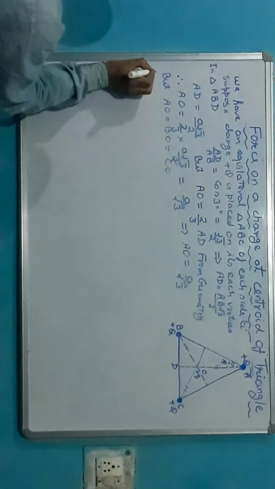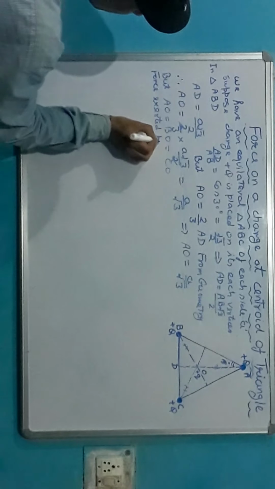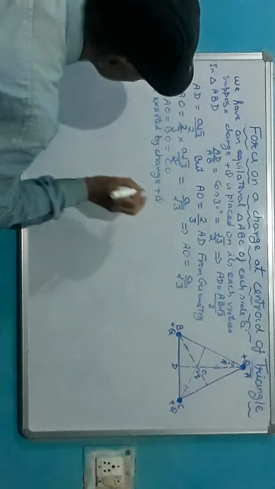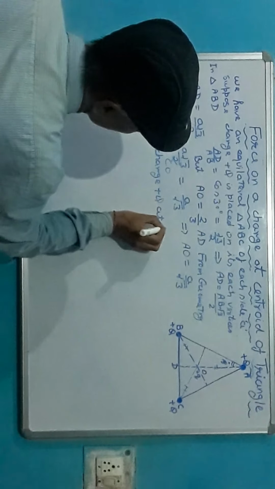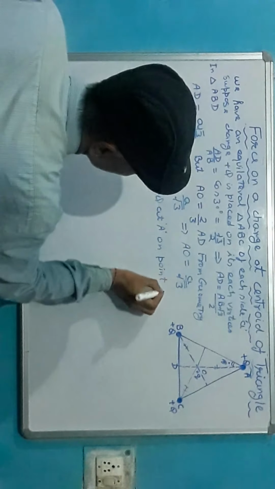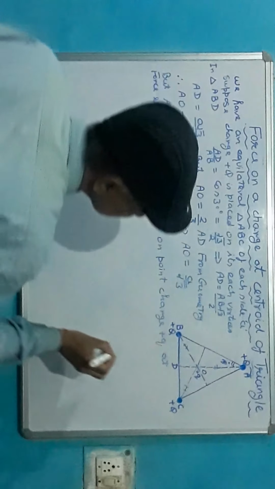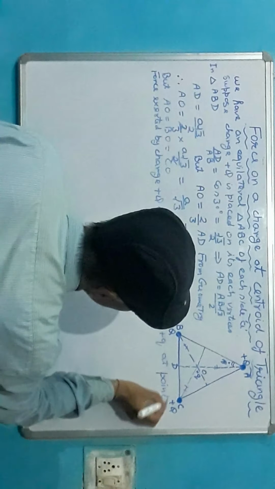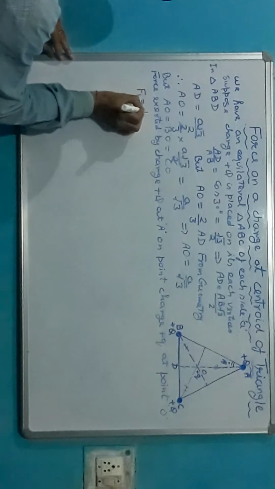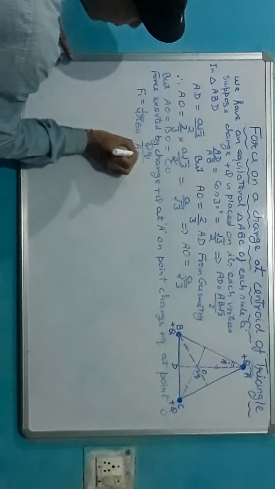Now I have to write down the force exerted by charge plus Q at point A on the small point charge plus q, which is at point O. Suppose this is equal to F1, then I can write F1 is equal to 1 upon 4 pi epsilon naught, q squared upon AO whole square.